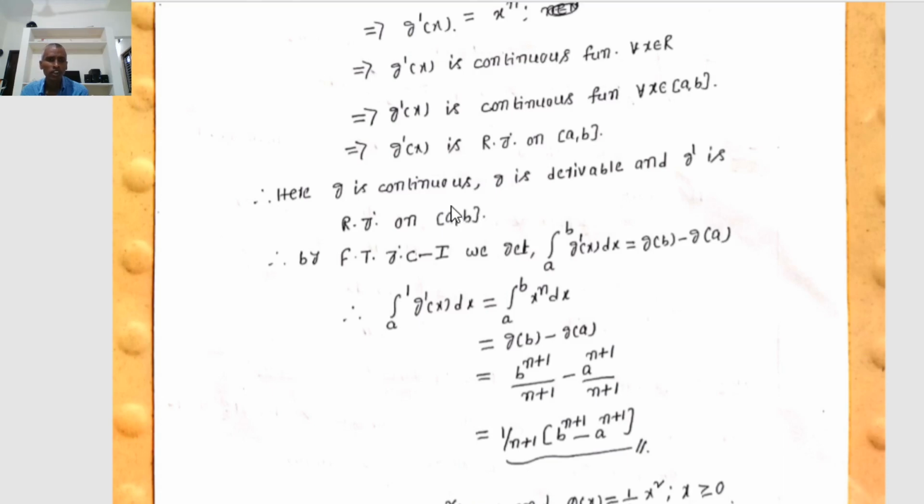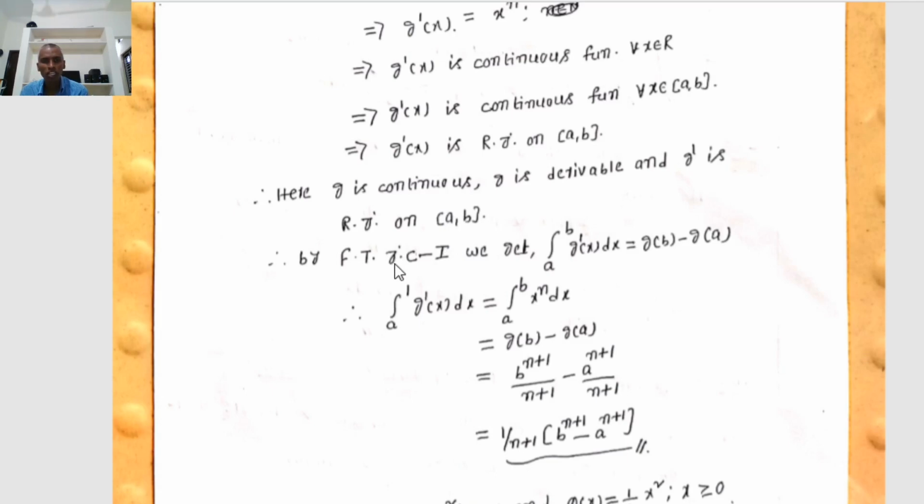That is, g satisfies all conditions of the fundamental theorem of integral calculus. Therefore, by the fundamental theorem of integral calculus, g is a continuous function on the closed interval [a, b], g is derivable on the open interval (a, b), and g' is Riemann integrable on [a, b].